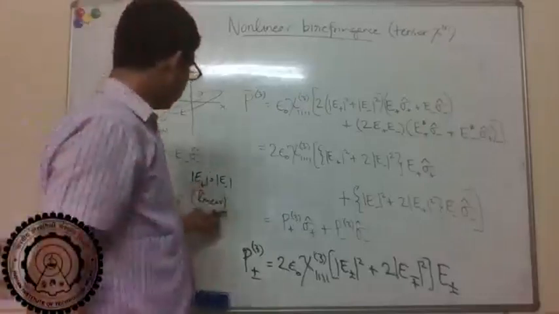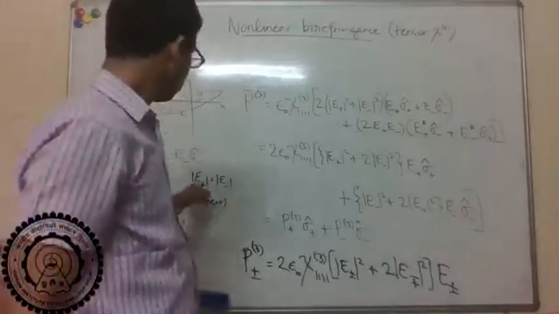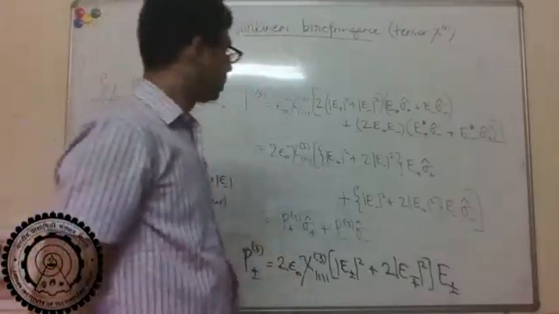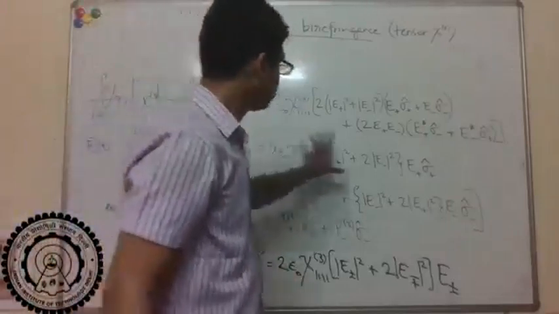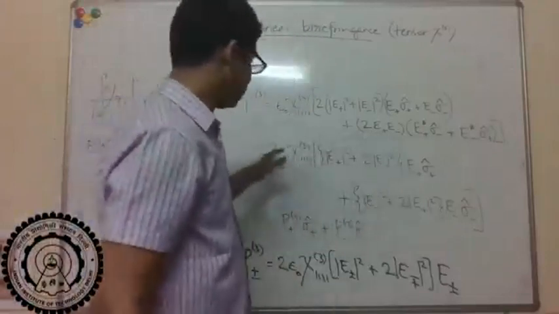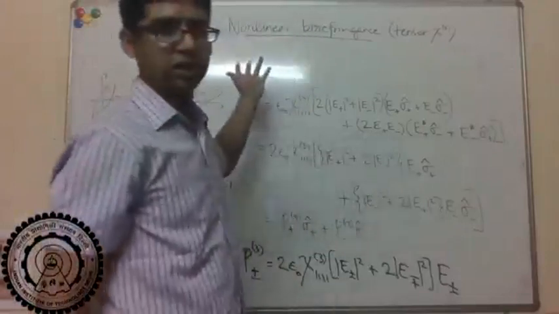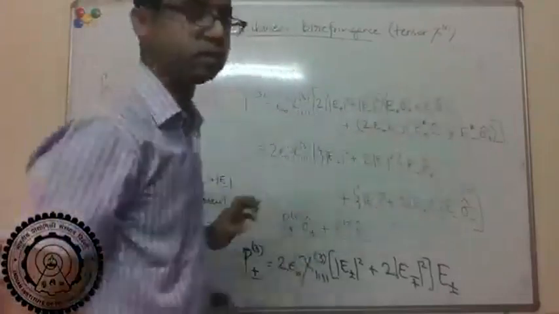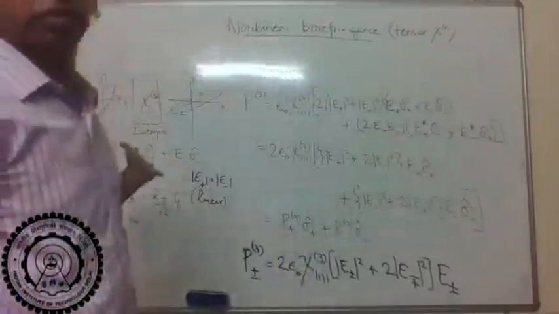If you have input linear polarization, when mod E plus and mod E minus are equal, then P plus is equal to P minus, right? And then you can write the whole thing as again the usual self-phase modulation case, chi3 times mod E squared times E. So that will just give me some phase shift.